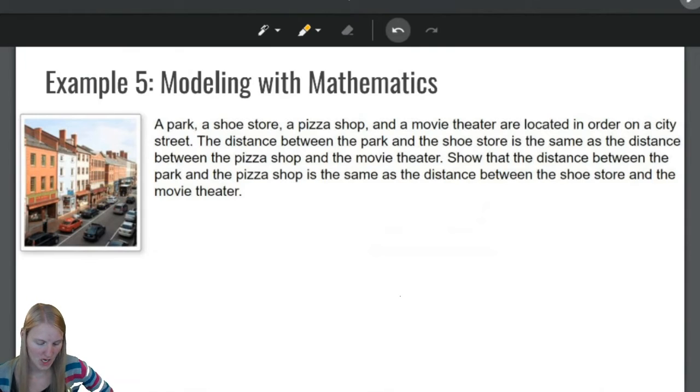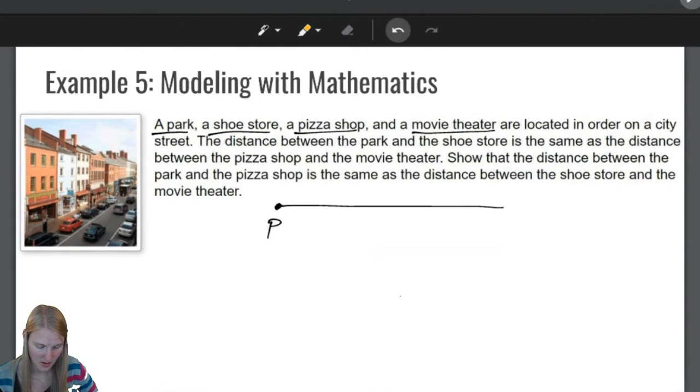So, a park, a shoe store, a pizza shop, and a movie theater are located in order on a city street. I already need a picture. That is so much information. So, let's see. A park, a shoe store, a pizza shop, and a movie theater are located in order on a city block.